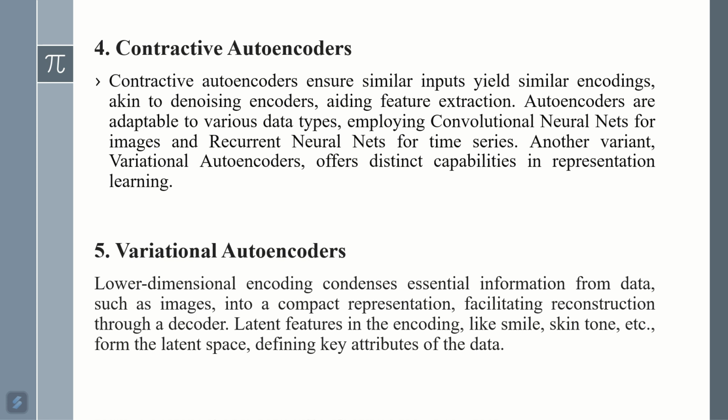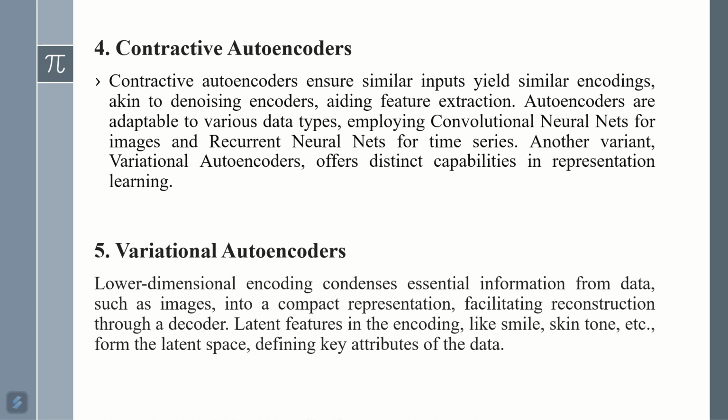The next type of autoencoder is variational autoencoders. Variational autoencoders are like artists who paint a simplified yet meaningful version of a complex picture. They take complex data like images and condense the essential information into a compact representation.